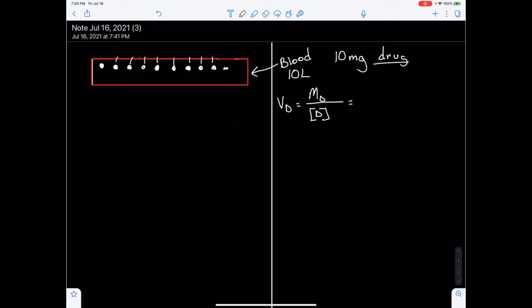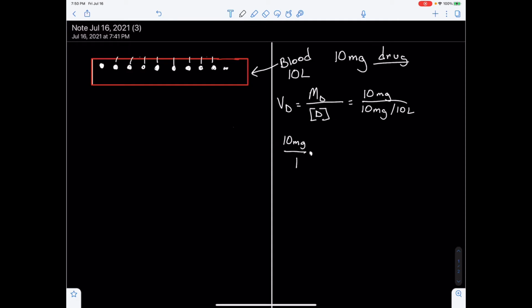In this case, we put in 10 milligrams of drug, and the concentration of the drug is 10 milligrams per 10 liters, because we have right here 10 liters of blood. So if we do this math, in order to get this out to liters, we're going to go 10 milligrams on top times the reciprocal.